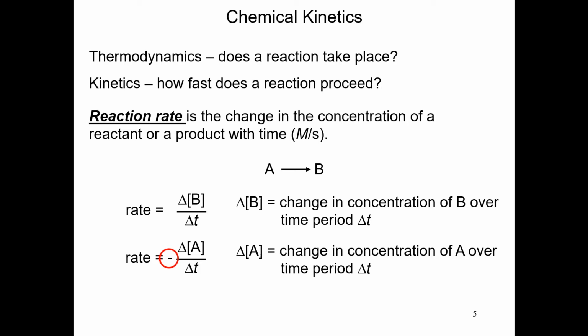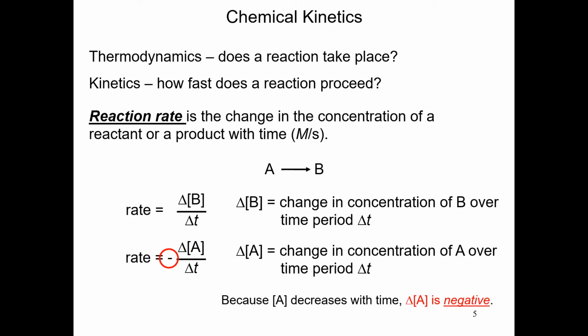In the same way that when we measure the speed of a car, we say, well, it's going at 60 miles per hour. We don't say plus 60 miles or minus 60 miles per hour, regardless of how we measure it. So because the concentration of A decreases with time, we're going to put a negative on the delta [A] expression.